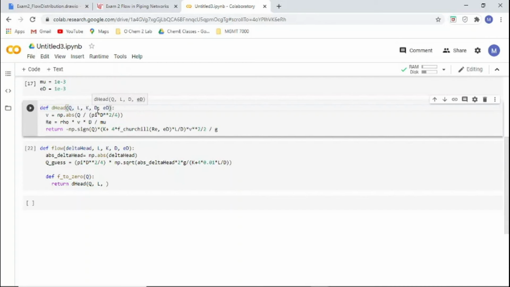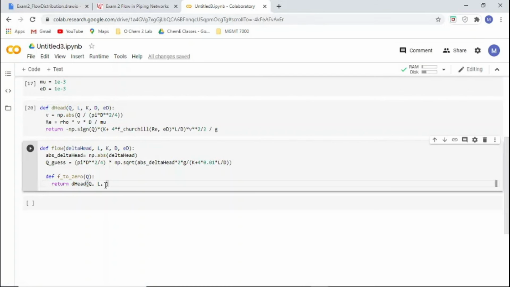Q, L, K, D, yes, okay. K is the part that we added right here to make our equation more realistic, to factor in 90-degree elbows and contractions and other types of changes in the pipes. So we know our flow, our length of the pipe, K, the diameter of our pipe, and the relative roughness of our pipe.